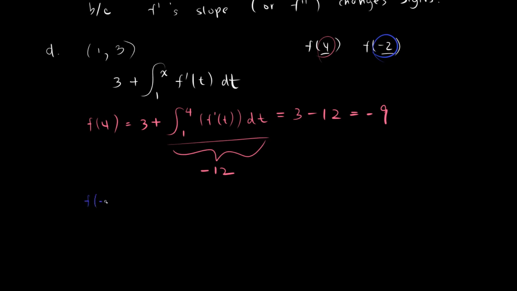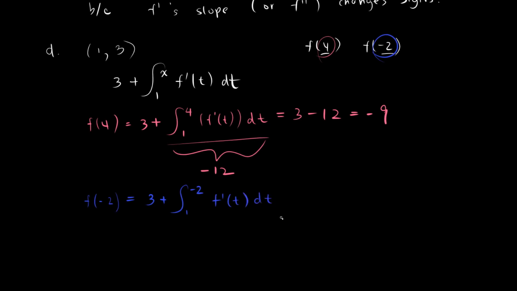We can do the same thing for the value of f of -2. f of -2 should equal the initial condition 3 plus the definite integral bound by 1 and -2 of f prime of t dt.